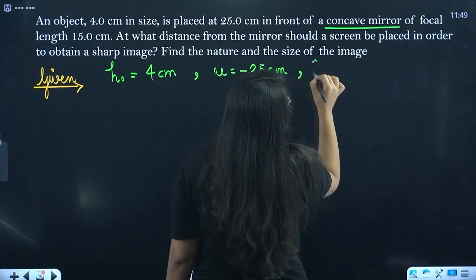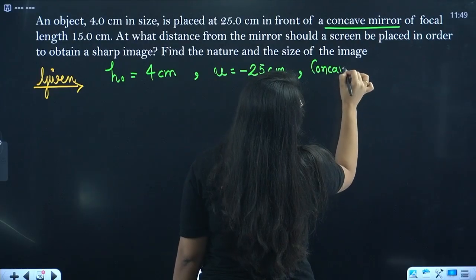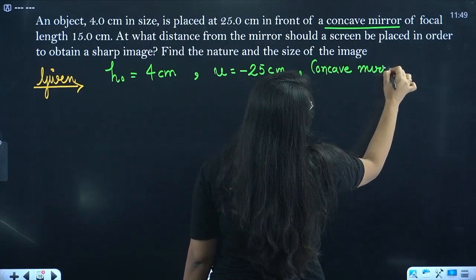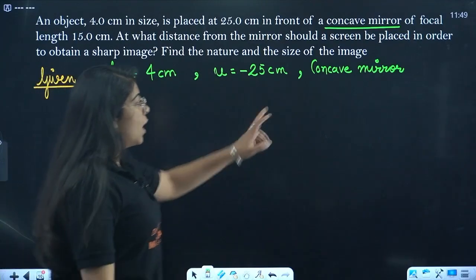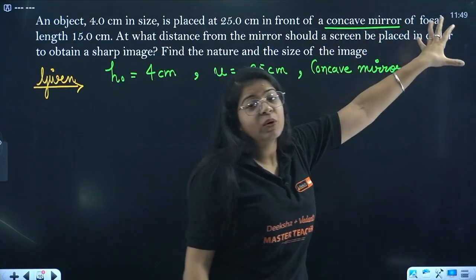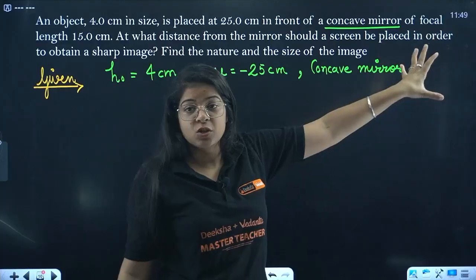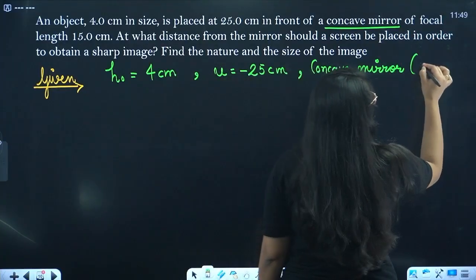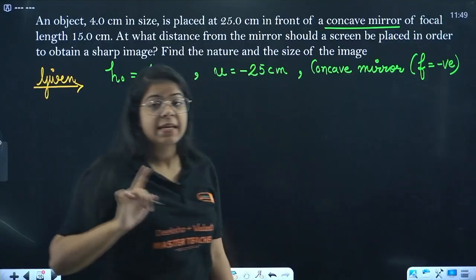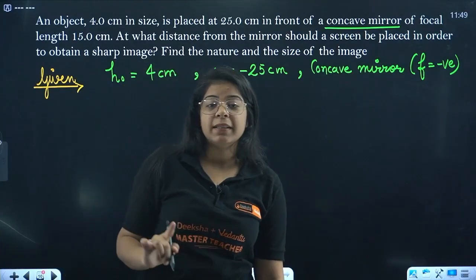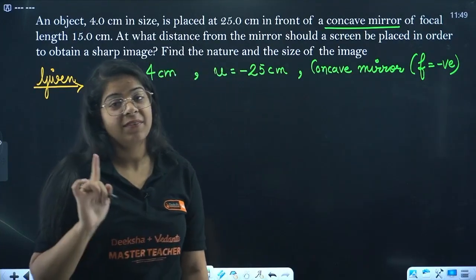Now we are given a concave mirror of focal length. Before you even go further reading this numerical, you have to write the sign of focal length, that is negative. Sign of focal length, very important, that is your negative sign.